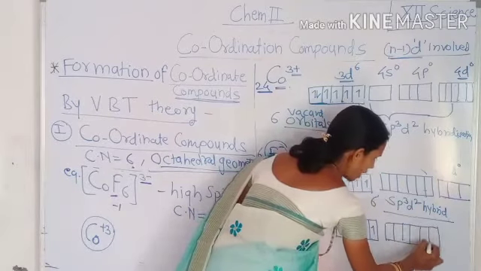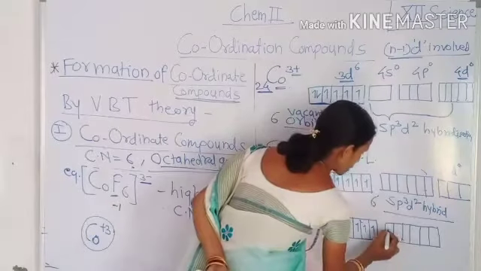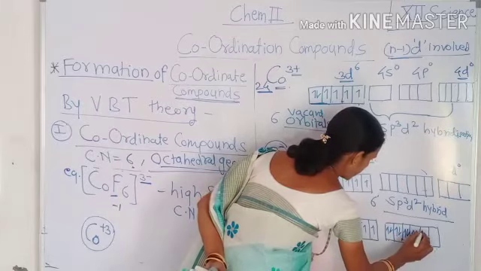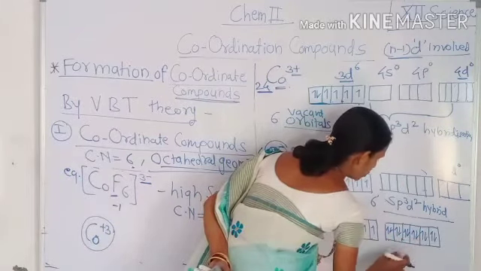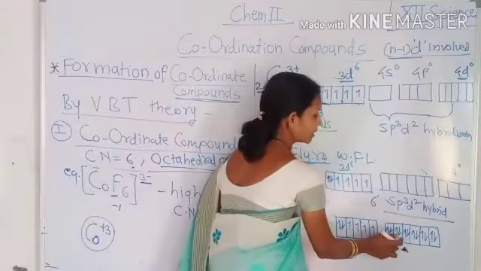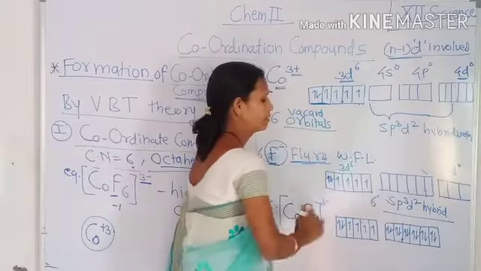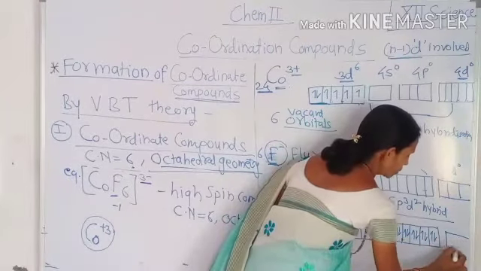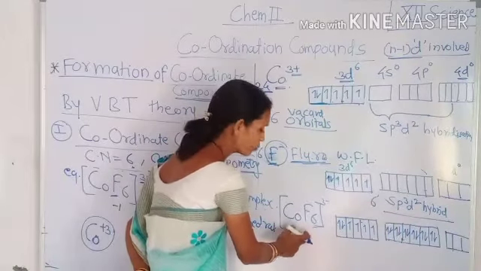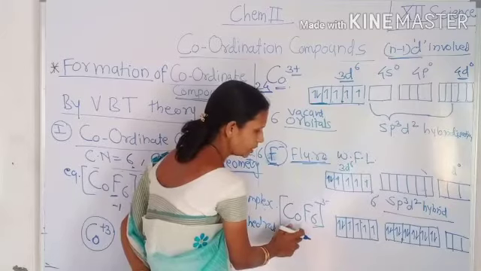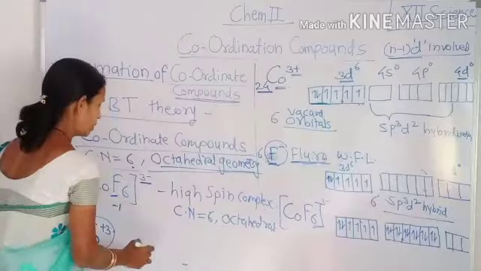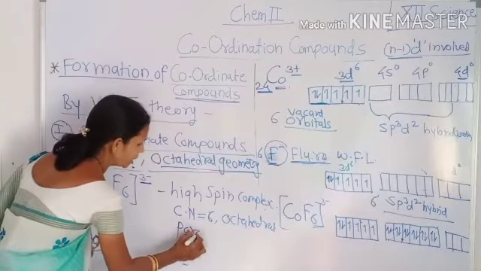The 6 hybrid orbitals get completely filled by donating a lone pair of electrons by each of the 6 fluoro groups to the central metal ion, and therefore formation of the coordinate compound takes place, which contains 4 unpaired electrons. Therefore it is paramagnetic in nature.